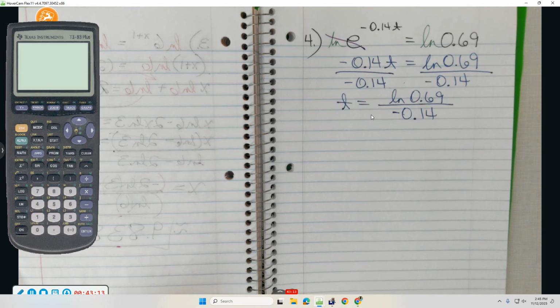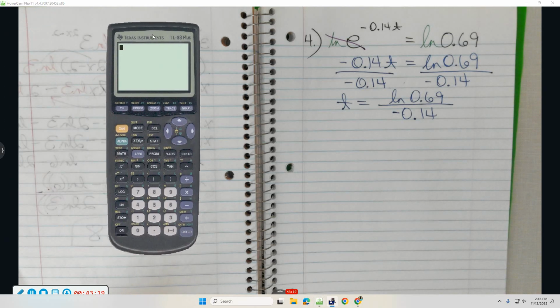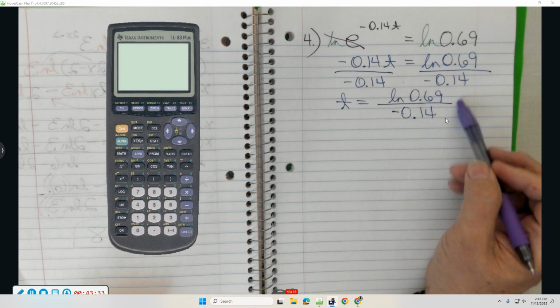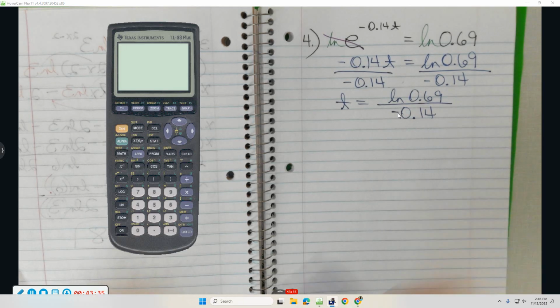So, how many times are you going to be pressing that ln button here? Just once, okay? Do I need parentheses around the top? What do y'all think? Adding parentheses is never wrong. It's never wrong to enclose the top in parentheses and the bottom in parentheses.